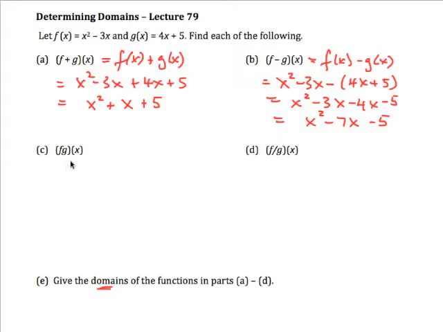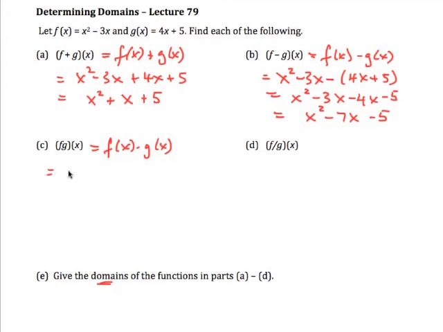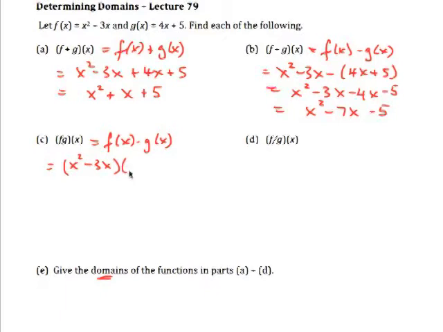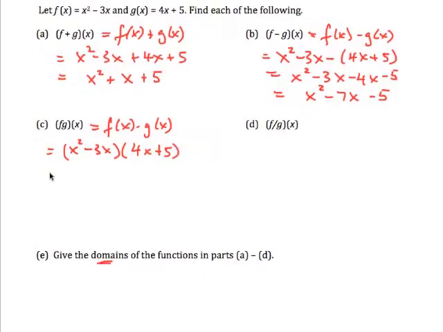Now the multiplication, of course, we know is a point-by-point product. Alright, f of x times g of x, so in this case this will be x squared minus 3x, times the quantity 4x plus 5. So we need to FOIL this out.